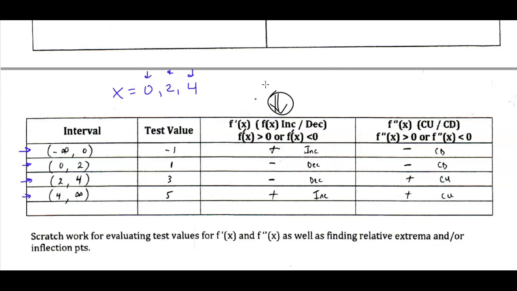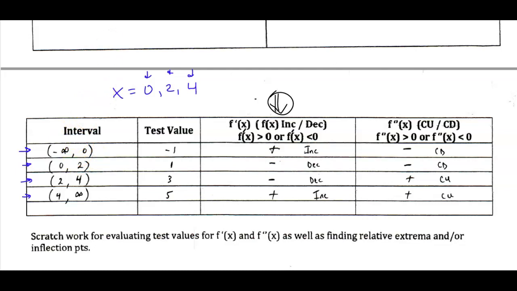When is our function increasing? When is it decreasing? As well as when does concavity change? Okay. But we also had questions of where do we have a relative max? Where do we have a relative min? And so this chart also shows us that information as well.